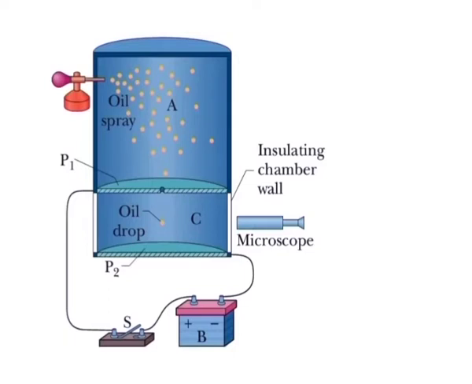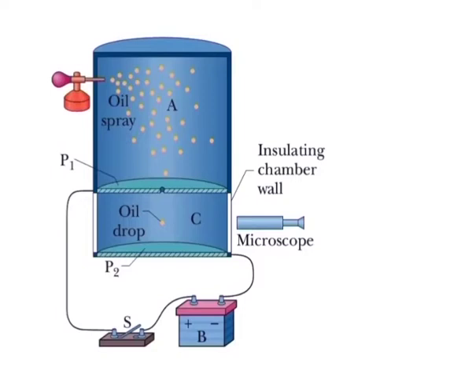When tiny oil drops are sprayed into chamber A, some of them become charged either positively or negatively in the process. Consider a drop that drifts downward through the small hole in the plate P1 and into chamber C. Let us assume that this drop has a negative charge Q.